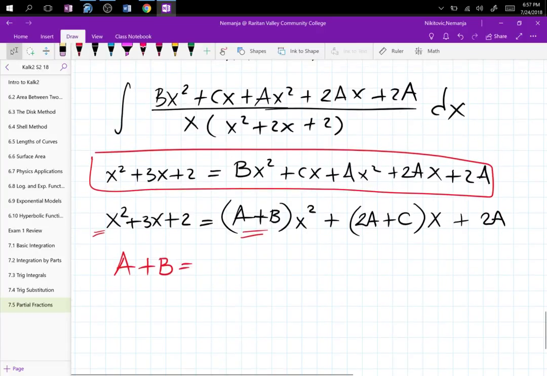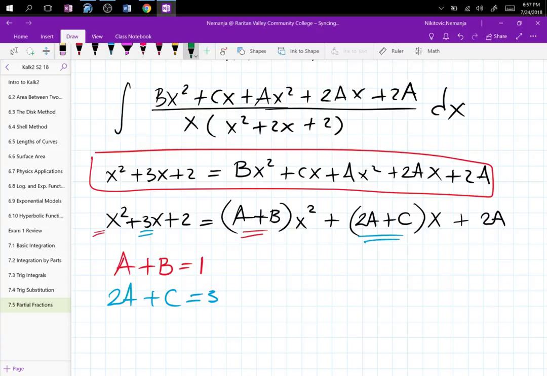All right, so now let's go. What's the coefficient of x squared? 1. Now, blue. 3 equals this, so 2A plus C is equal to 3. And finally, green. 2 is equal to 2A. Oh, well, that's nice. A is 1.